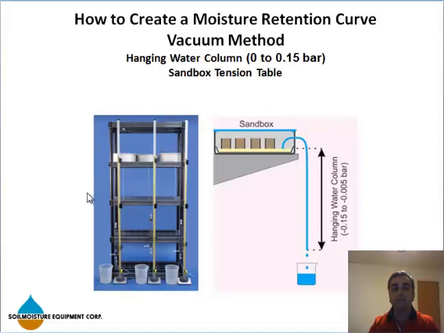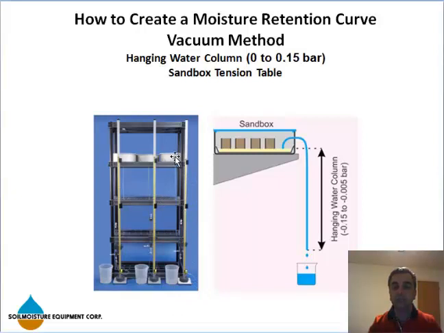We have a low tension lab in Soilmoisture. We have recently developed this. This is basically a hanging water column. It is optimized for maximum convenience and accuracy. Our low tension lab has three major components.